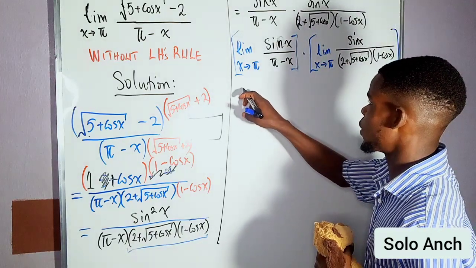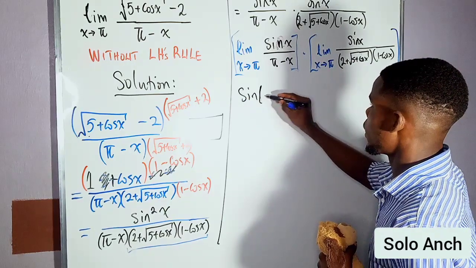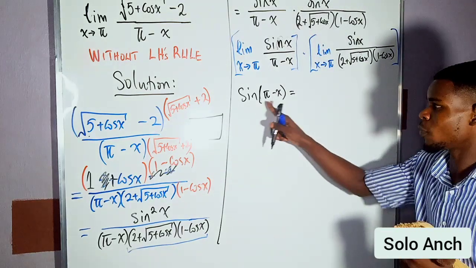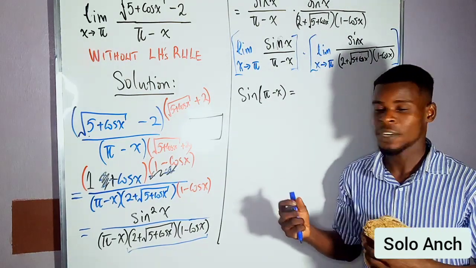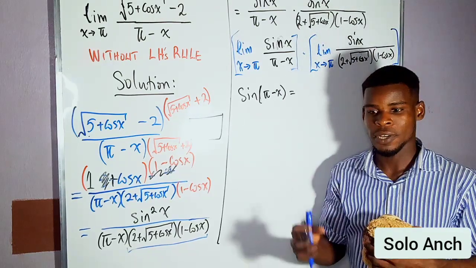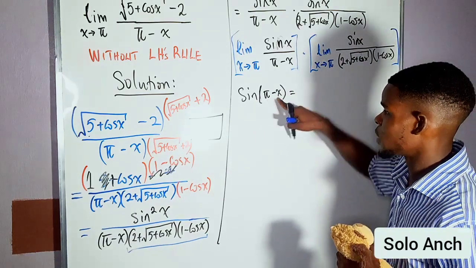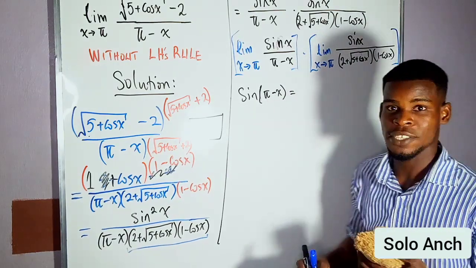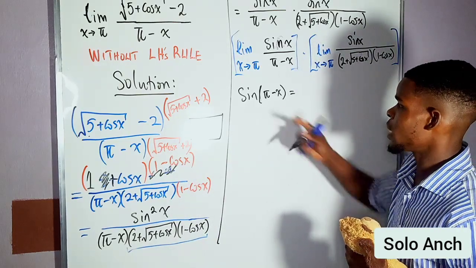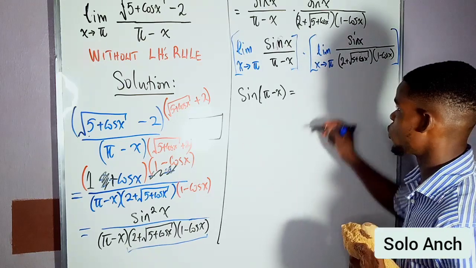You can think about this using the sine of a difference of two angles: sine of a minus b is sine a cosine b minus cosine a sine b. In this case, it's going to be sine pi cosine x, but sine pi is 0, so that first term will be 0. Then we have minus cosine pi sine x.